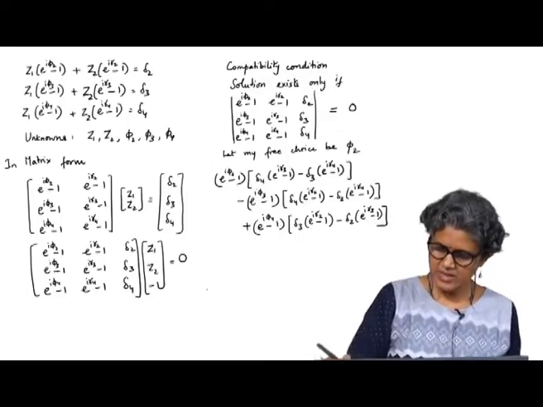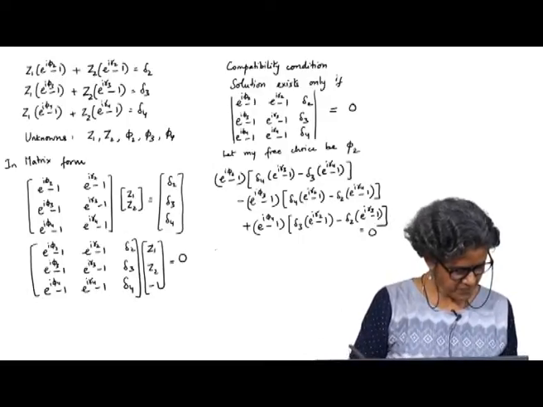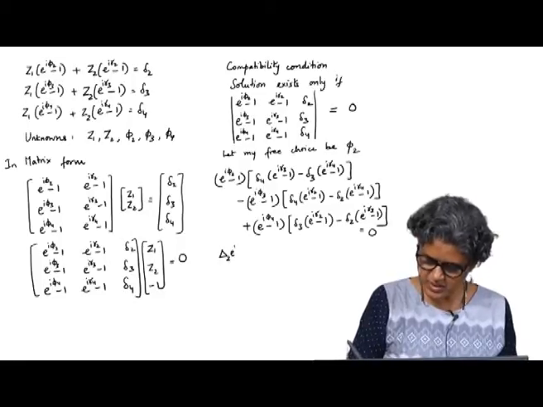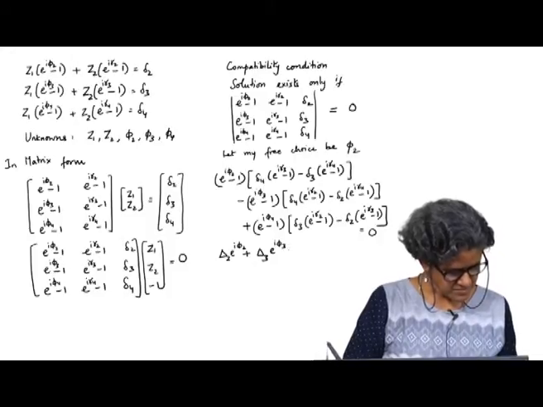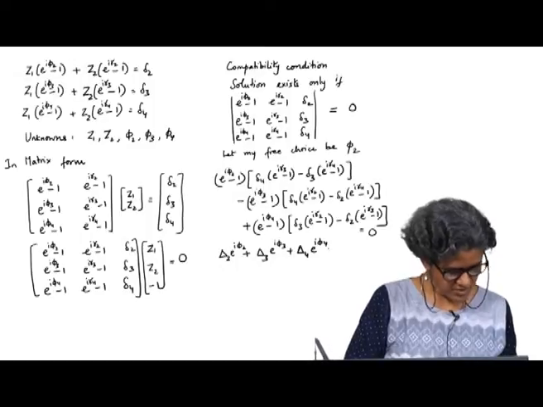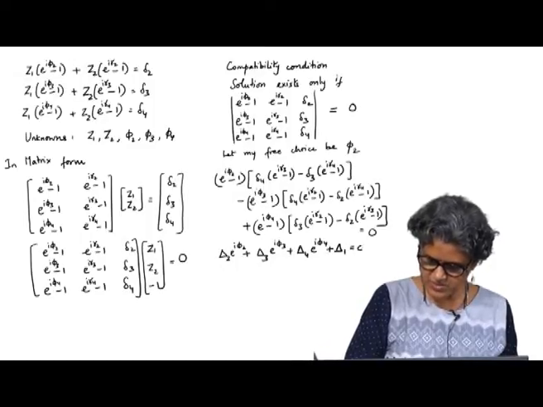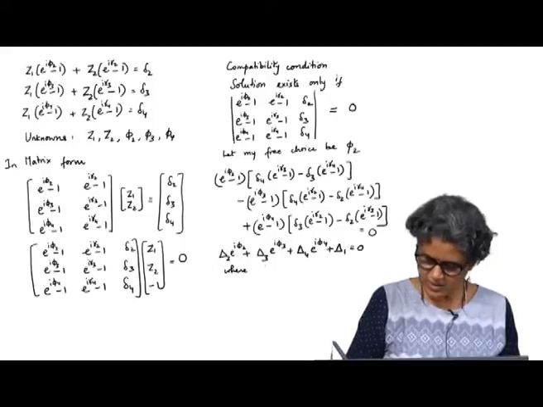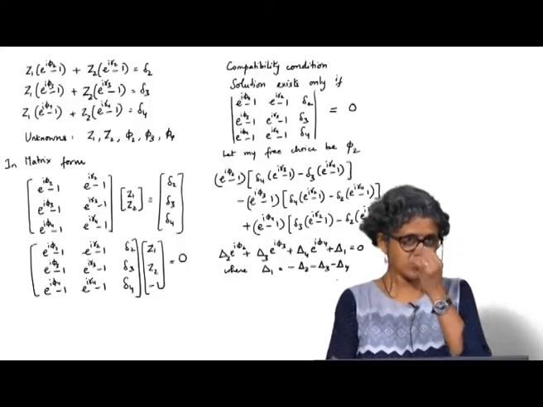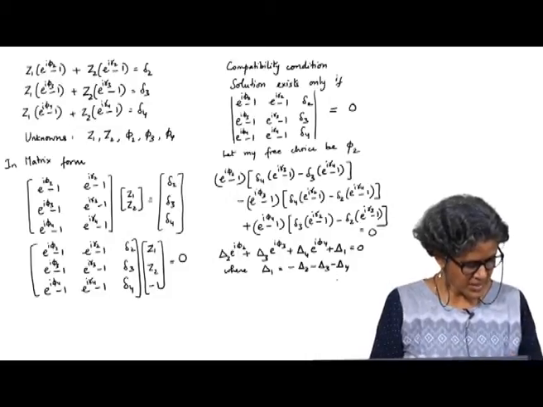If I expand these and simplify, I get delta 2 e power I phi 2 plus delta 3 e power I phi 3 plus delta 4 e power I phi 4 plus delta 1 equal to 0, where delta 1 is based on the first position: minus delta 2 minus delta 3 minus delta 4. This is what I get if I expand this.